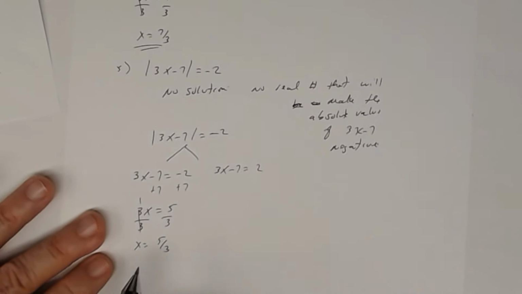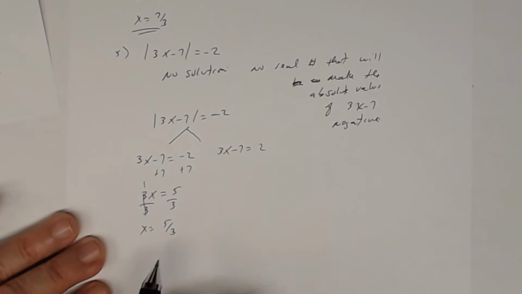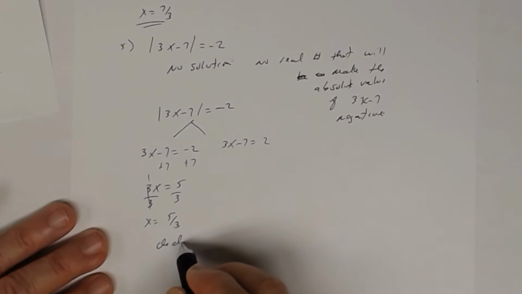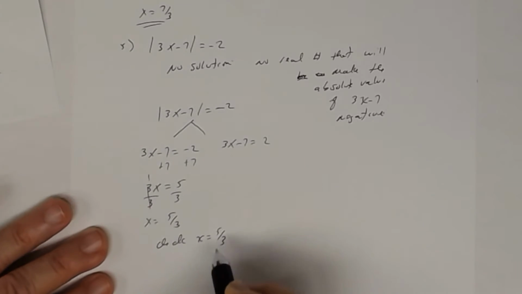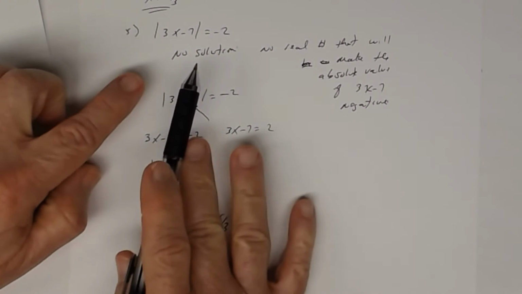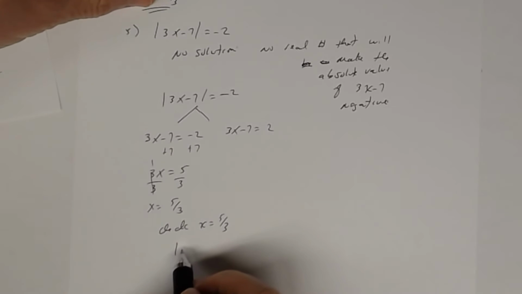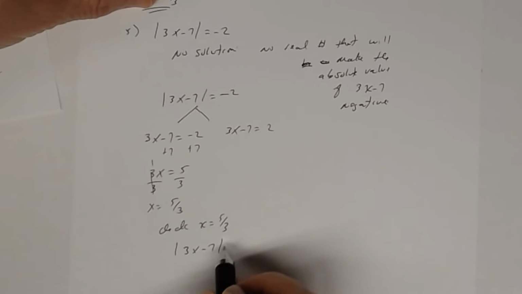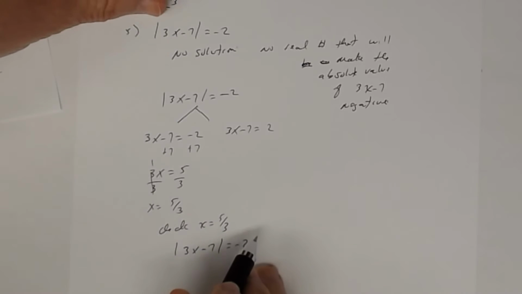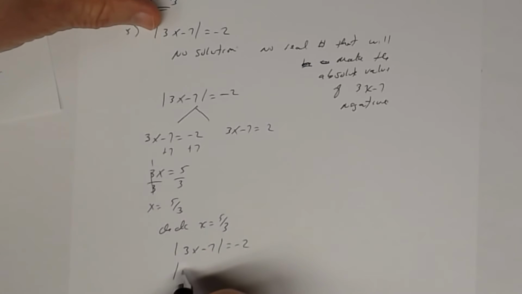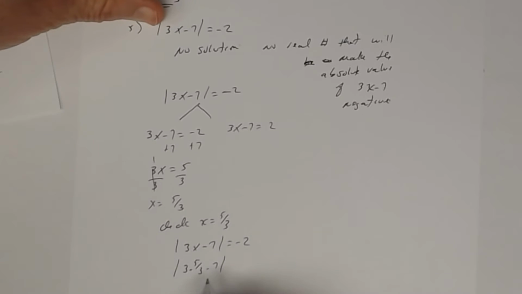But you have to check. So if I go back and check x equals 5/3 in that original equation, the absolute value of 3x minus 7 equals negative 2, look at what you get. You get the absolute value of 3 times 5/3 minus 7. 3 times 5/3, that's 5.